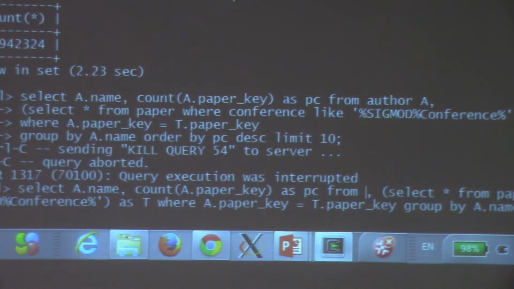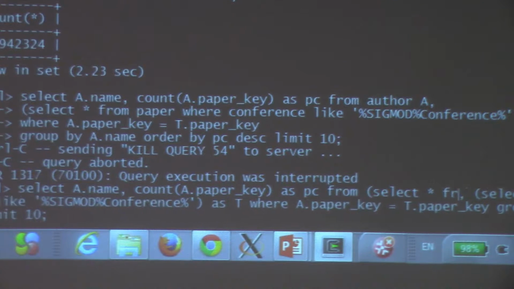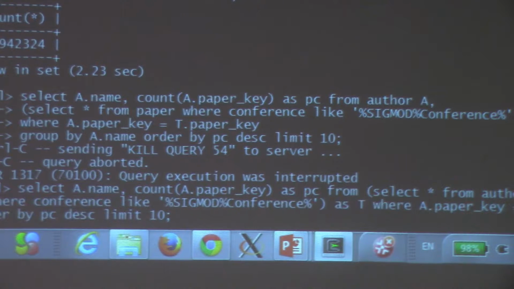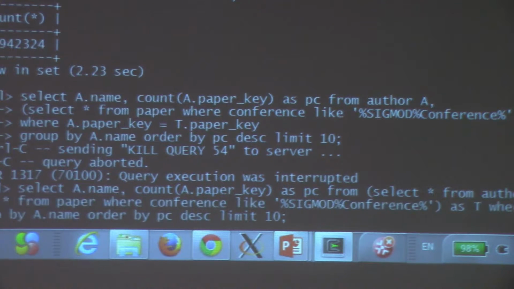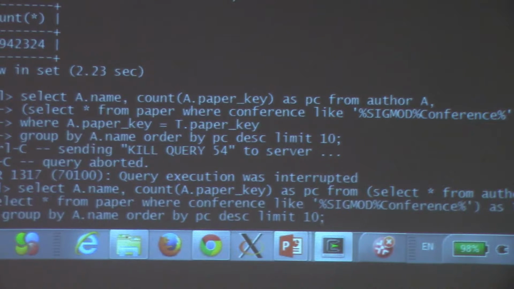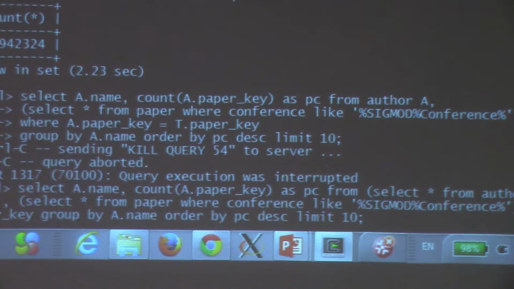So what I'm saying is, in papers, this is small case letter, I believe.